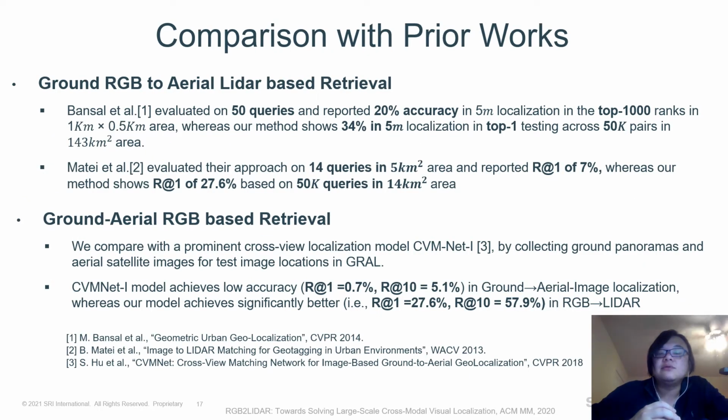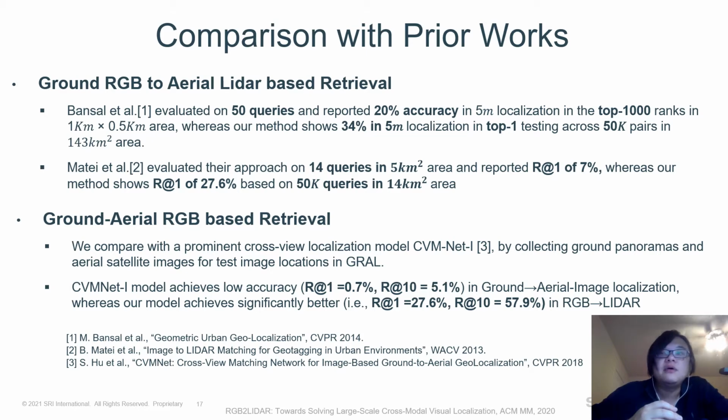It is difficult to directly compare our approach with prior works in ground RGB to aerial LIDAR geo-localization. It is because the query images and LIDAR data from prior works are not available. Moreover, these prior methods use specific pre-processing, which makes them unfit for large-scale applications as targeted in our work.